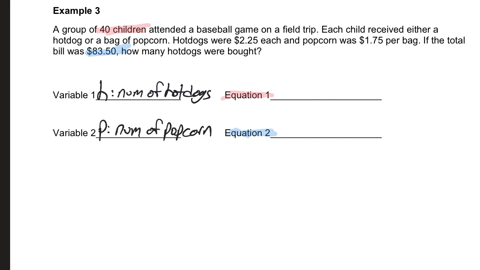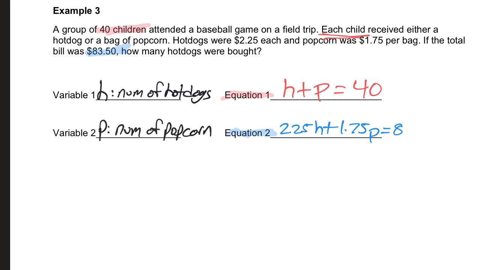So equation 1, the number of hot dogs plus the number of popcorns bought totaled 40 because every kid got something, and there's 40 kids. Each one got one thing because it says each child. Equation 2 deals with the cost. We know that hot dogs are $2.25 times every hot dog, and popcorn was $1.75 times every bag.